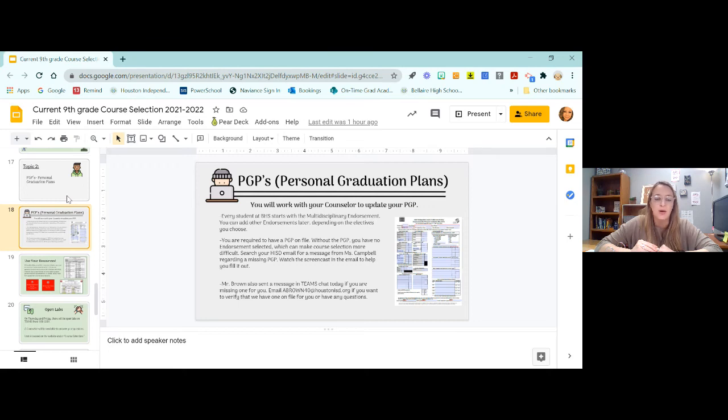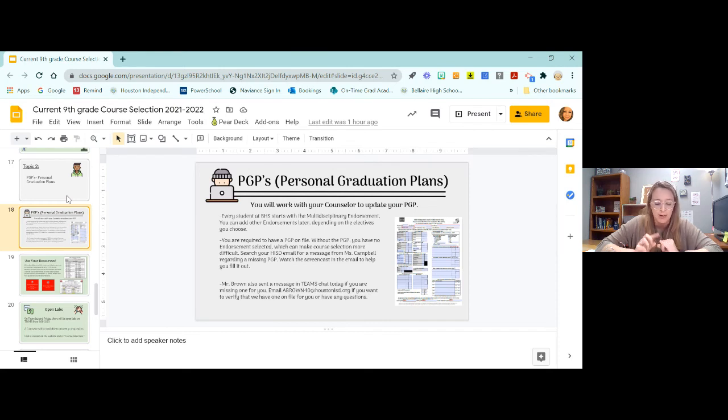If you're a magnet student, you will very likely get the arts and humanities endorsement because of the amount of language courses you're going to take. It's 4 years, and it can be 2 and 2, so 2 years in one, 2 years in another. Also, if you do your 4 years of orchestra or any fine art.